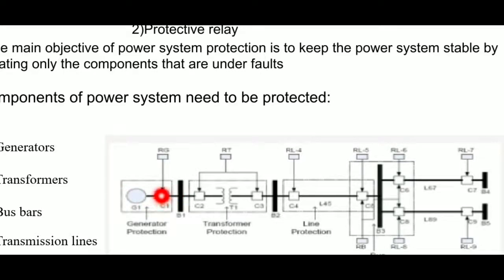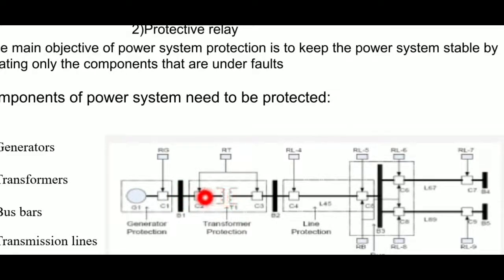In that, we connect one circuit breaker that is connected to the relay. RG is the generator relay. Next one is the transformer protection. The generator and transformer are major equipments, and they are costly equipments in the power system. That's why we give separate protection for generators and transformers.